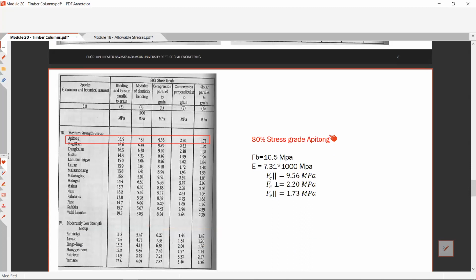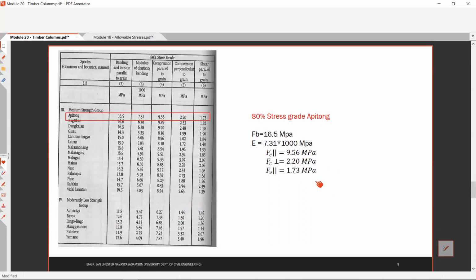Okay. So kunin natin lahat ng given. So i-write lang natin yung sinabi ko. So 80% stress grade apitong, that is under a medium strength group na mga species. Okay, so your FB is 16.5. Your modulus of elasticity is 7.31 times 1,000. Bakit 7.31 times 1,000? Dahil dito.